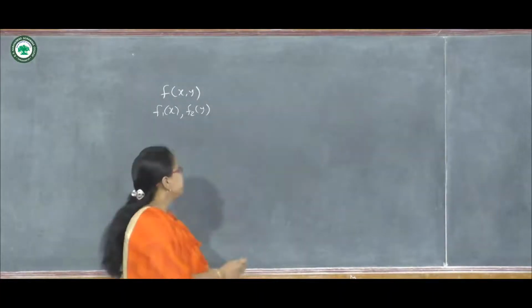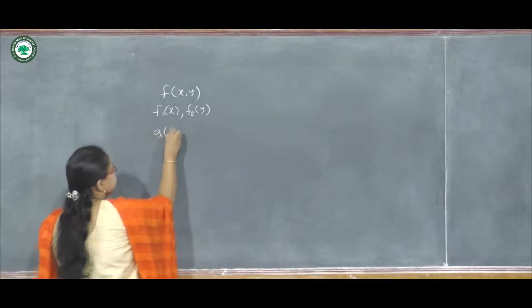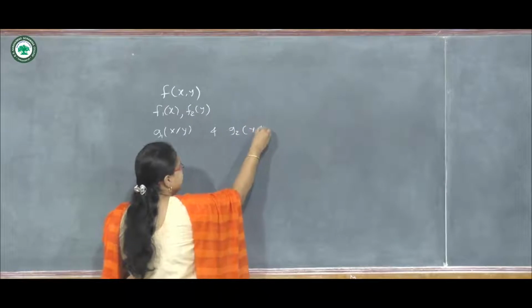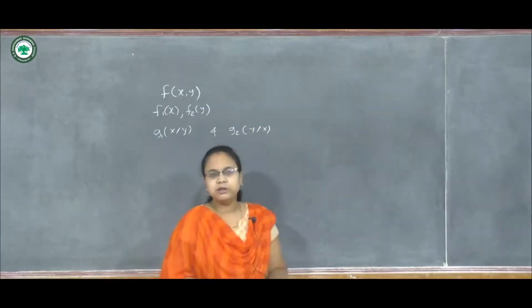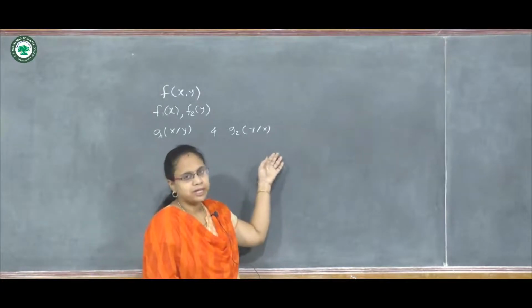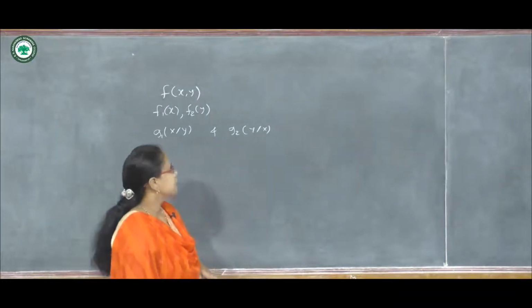Suppose g1(x | y) and g2(y | x) are the conditional PDFs of X given Y and Y given X. So this is the information.